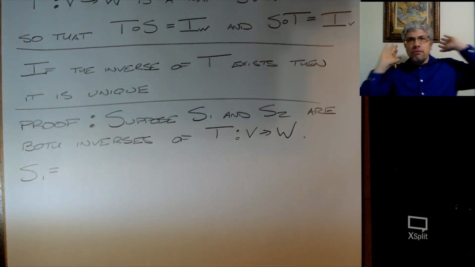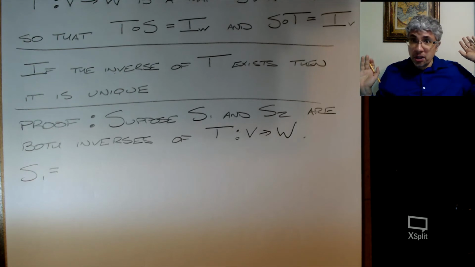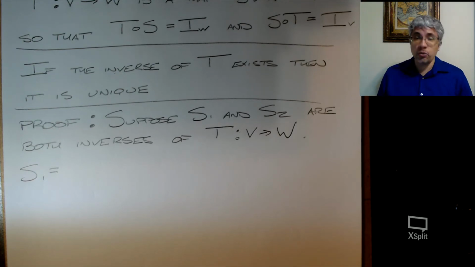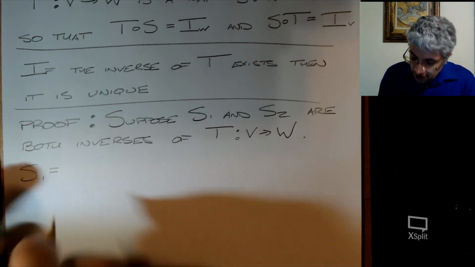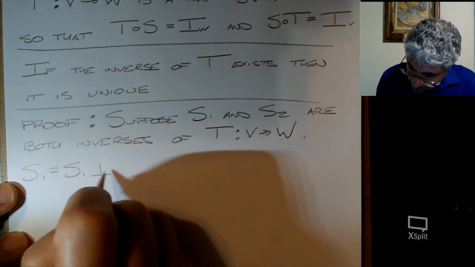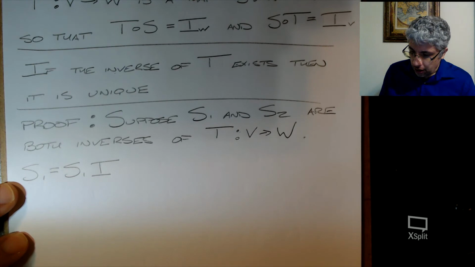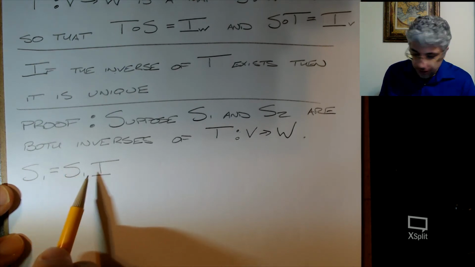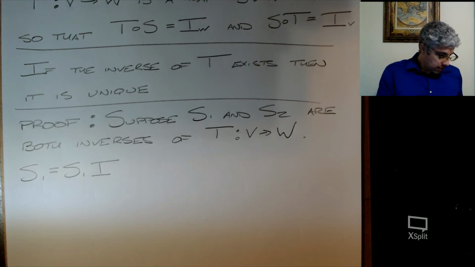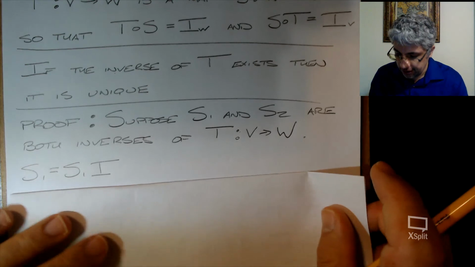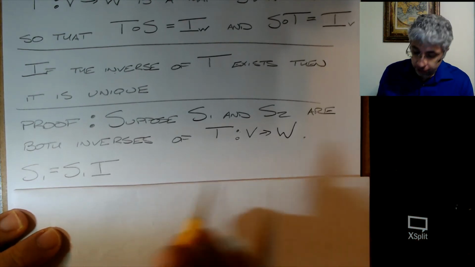I have no indication as to where I should go, but I do know a few tricks, and one of the tricks is you can always multiply by 1 or add 0, which really means you could always apply the identity. So let's apply the identity. What do I know? Well, I have S1 is equal to S1 I. Now, even in scratch work, what do we know about S1 and S2?